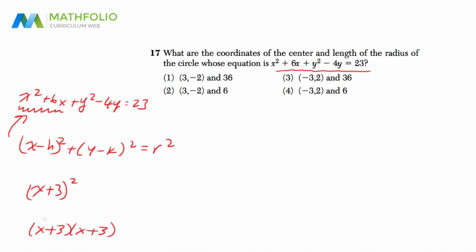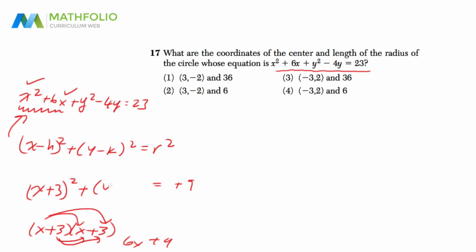If we FOIL it, we get x squared, great. x times 3 is 3x, and plus another 3x, that's 6x, which we needed. The only issue is that we also end up with this plus 9. So after we distribute, we just have to remember to add 9 to this side. That wasn't there before.